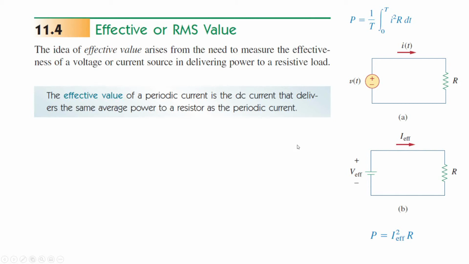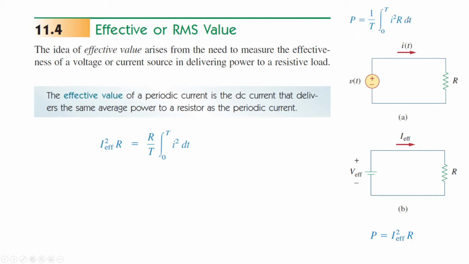We know that in order for this DC current to be an effective value of this AC current, the power delivered by both of these currents to this load of resistance R must be equal. So we set them equal, or we equate them.